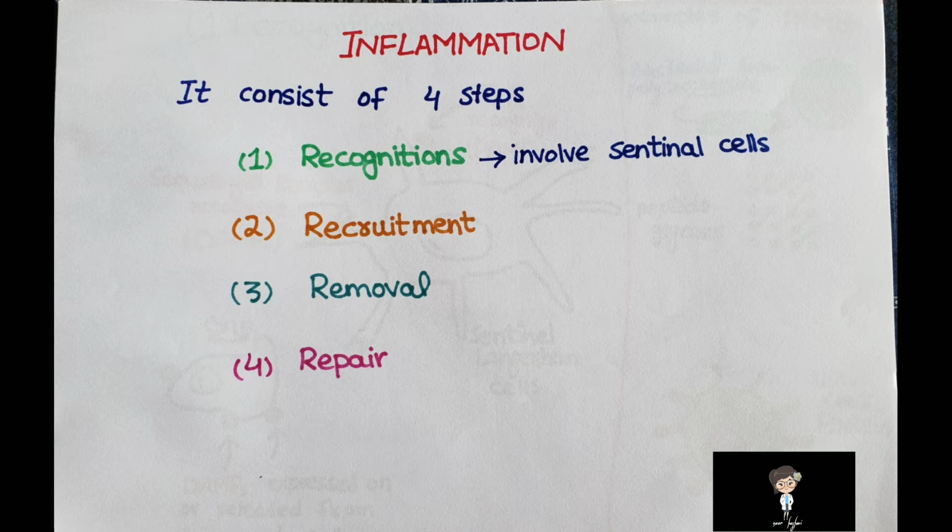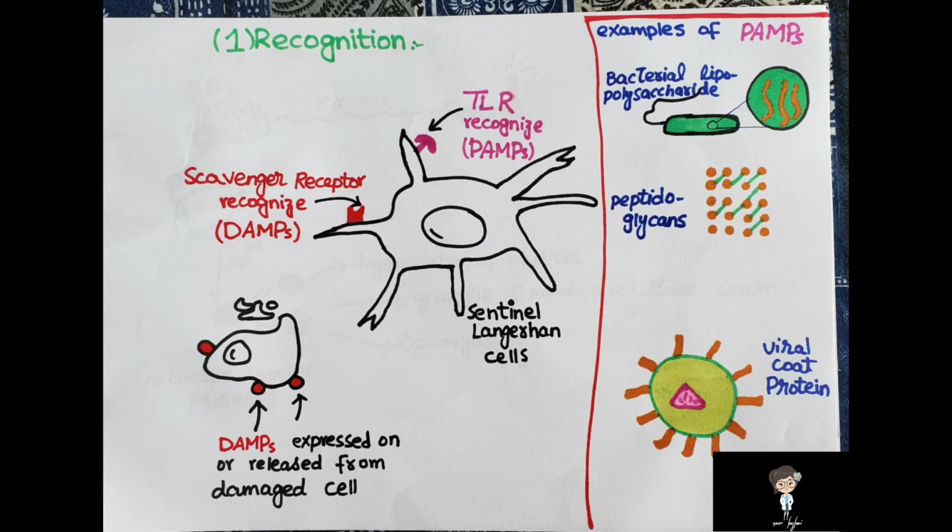Now we will talk about inflammation steps, and you can see that they all start with the letter R, which are recognition, recruitment, removal, and repair. The first step, recognition, occurs when sentinel cells in tissues recognize DAMPs using scavenger receptors or PAMPs with TLRs.